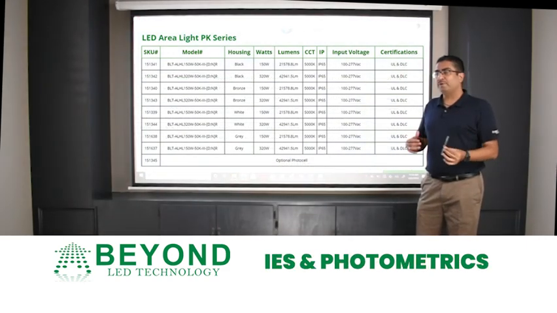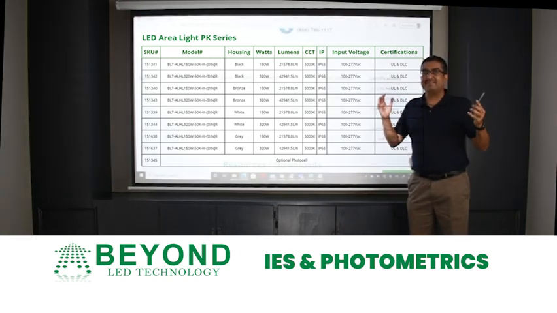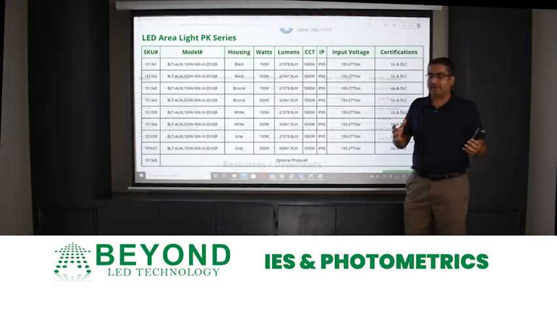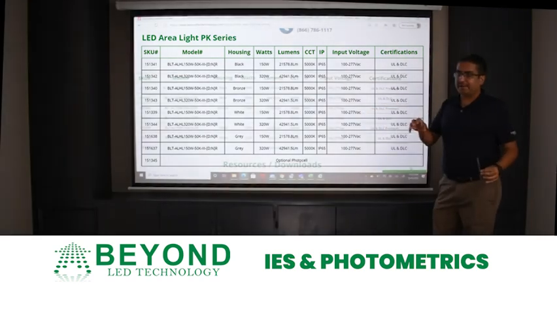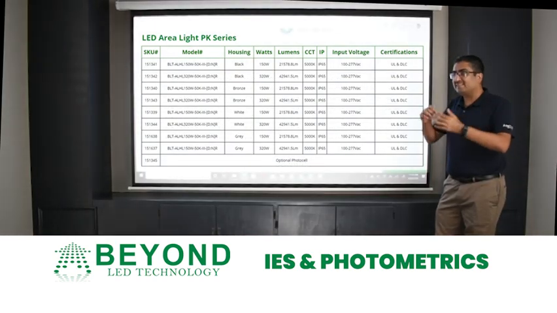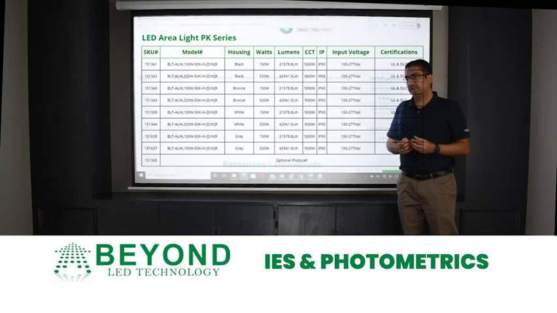Now, let me go over with you the IES files, a photometric report. What is an IES file and what is a photometric report? An IES file is required in order to design a project.